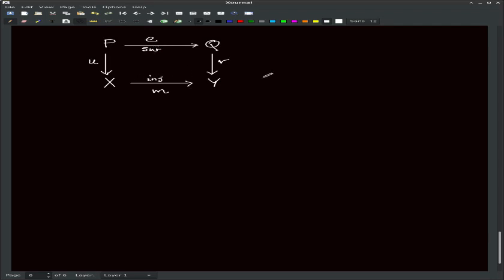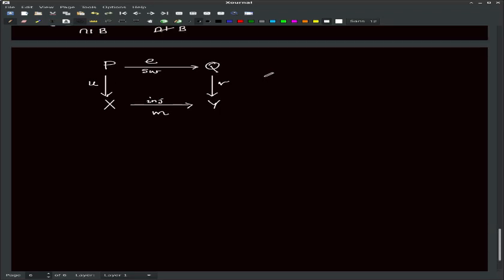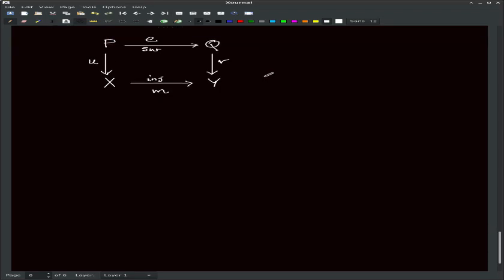I'll come back to that proof. Now you told me that E is surjective, so it has a right inverse G. So E composed with G is the identity of Q, right?